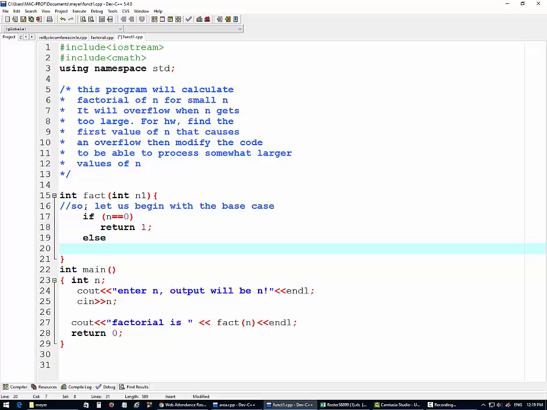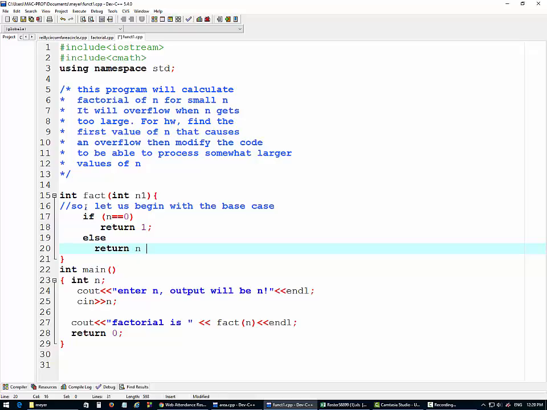All right, so else, we return what? This is a tricky part. We realized yesterday when we were writing this that 5 factorial was really 5 times 4 factorial. And in general, n factorial is n times what? n minus 1. Perfect.